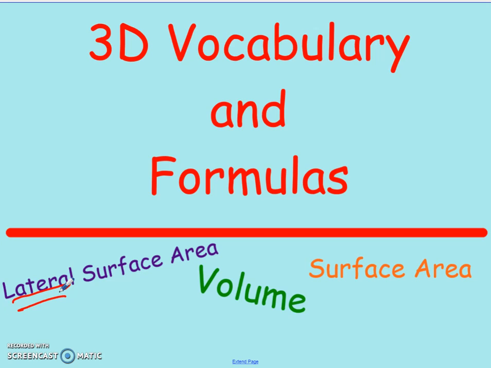If you're thinking about a can, it's just going around the can, like where the label would be. So if you're going to label something, that's lateral. Total surface area then includes the bases. So lateral is without the bases, total is with the bases, and then volume is the space inside. Okay?